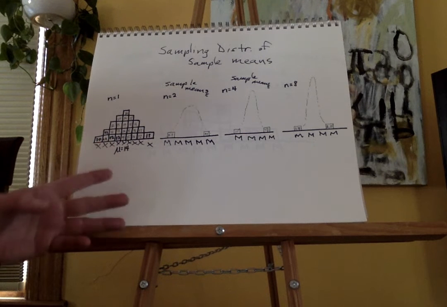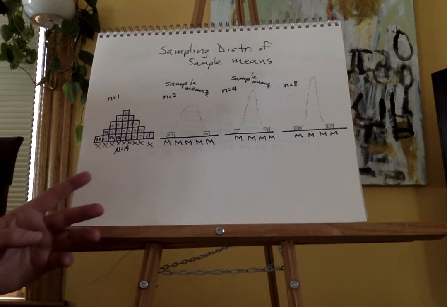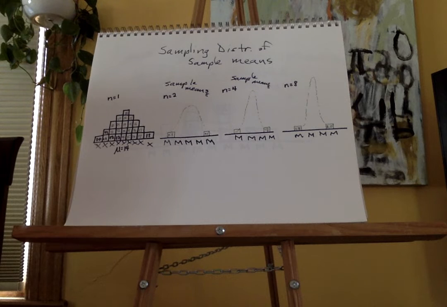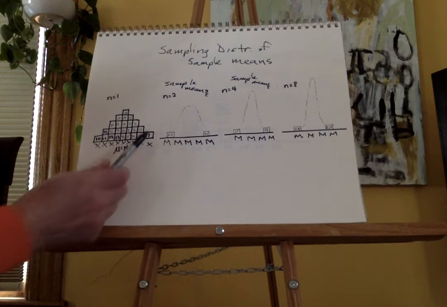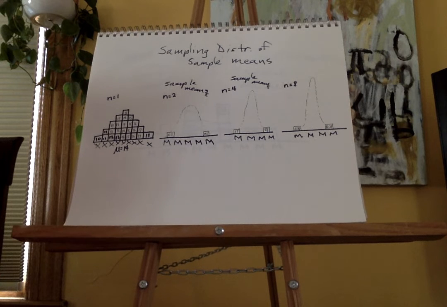As soon as I take out more than one block from the bag, it would be impossible for me to have a mean of 18, because I'm taking 2 blocks, right?